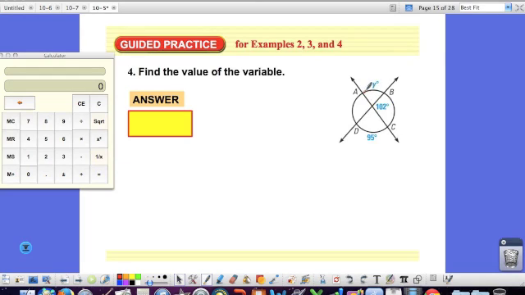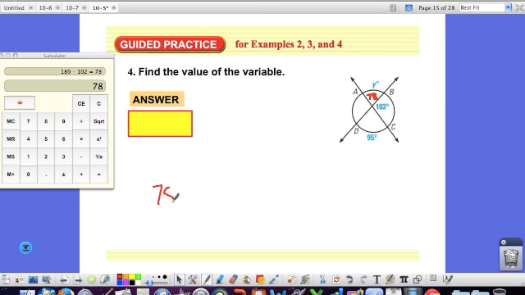They want me now to find the measure of this arc. But I do not know the angle measure here. So I'm actually missing two things. But if this is 102 degrees, this other angle here would be 180 minus 102. So that would be 78 degrees.